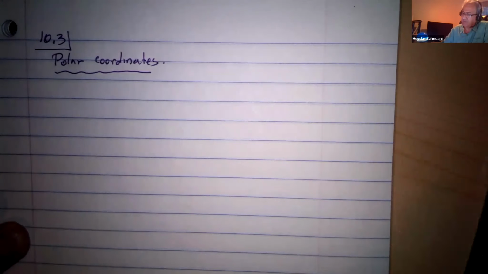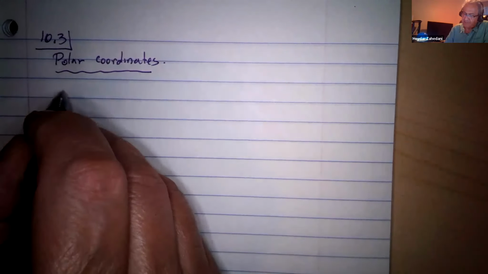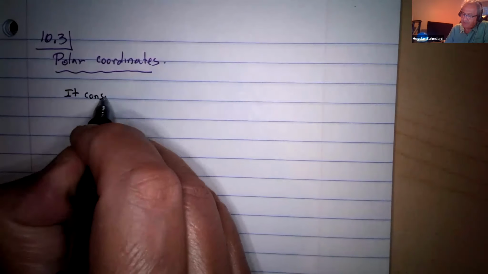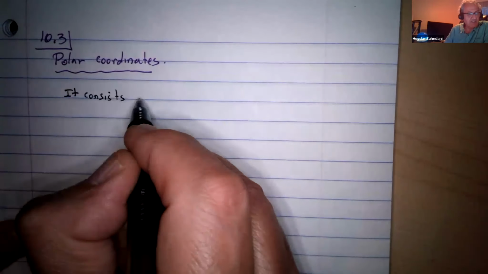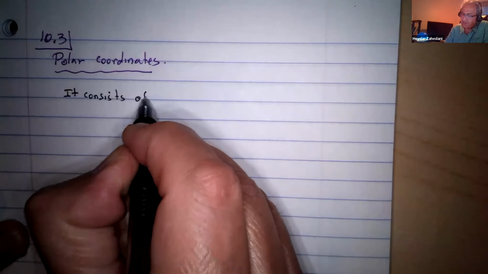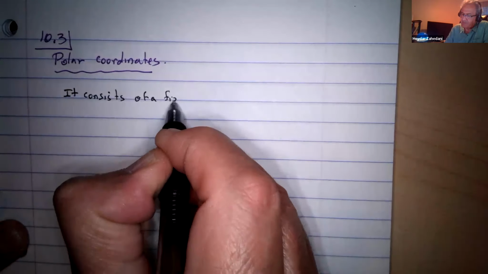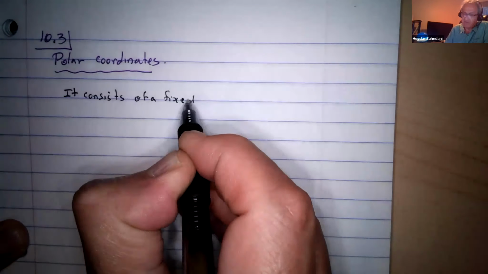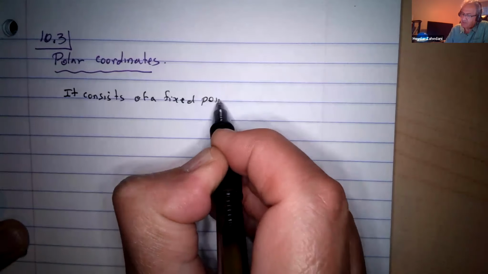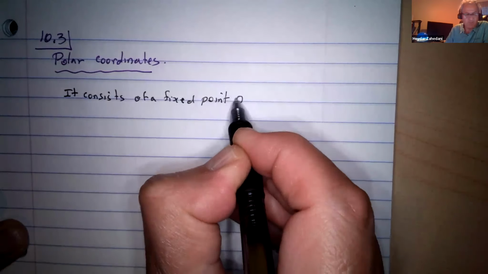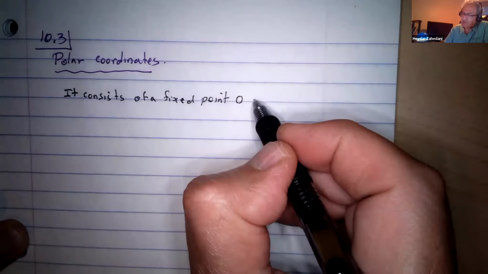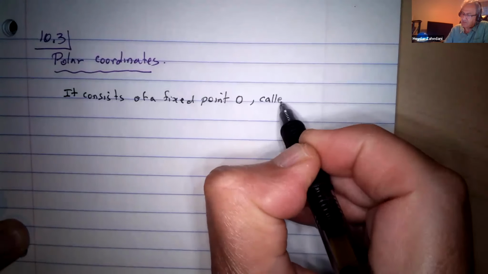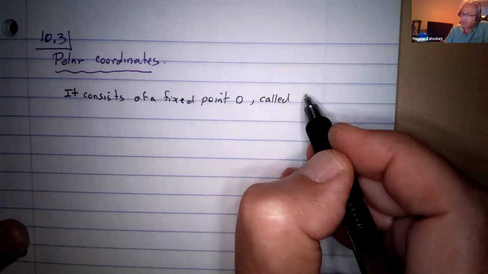So what is the polar coordinate system? Let me write it down. The polar coordinate system consists of a fixed point O, the origin, which we are going to call the pole.